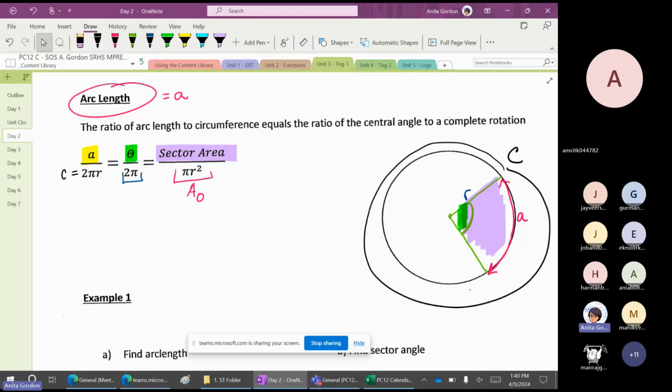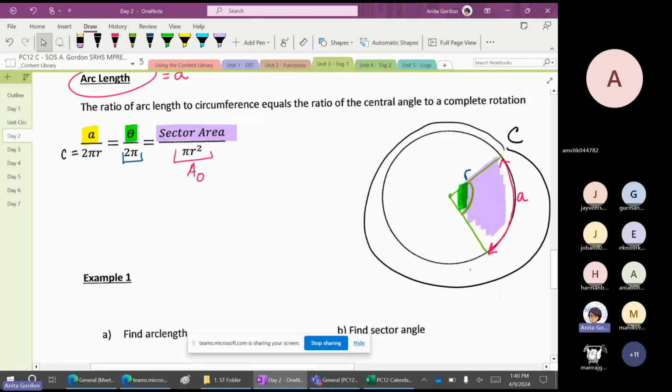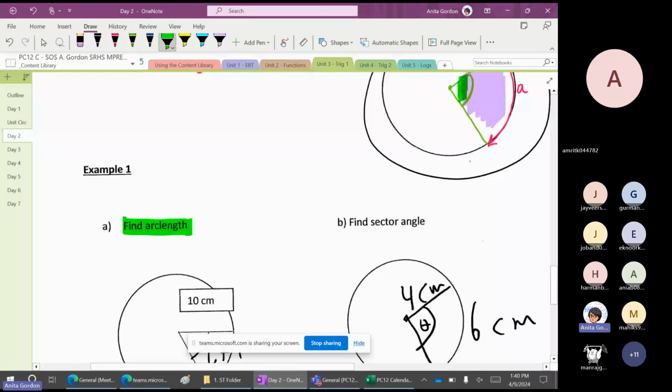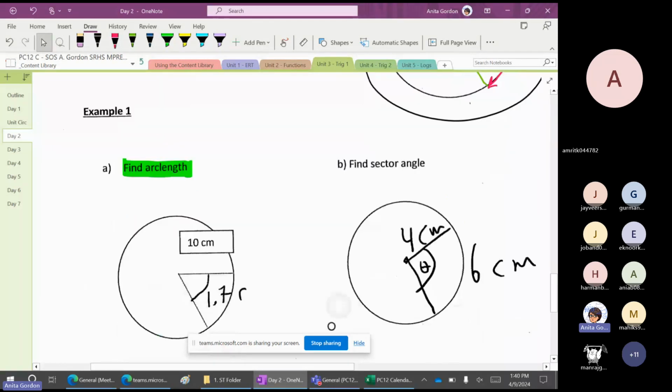Okay, so let's take a look. Find the arc length. What do I have? I am told, let's call this R, I know that my radius is 10 centimeters and my angle right here is 1.7 radians or rads.